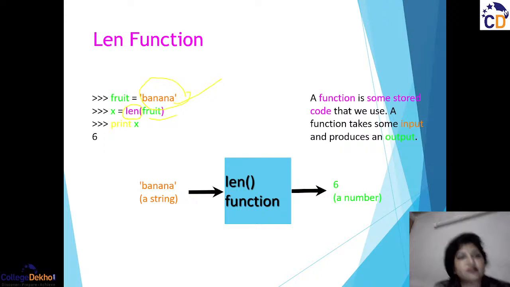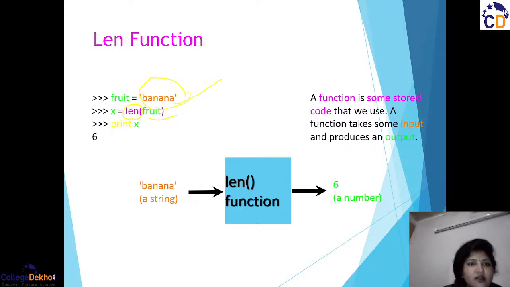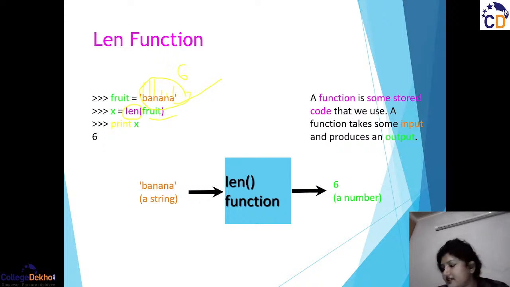And this length function basically calculates the number of characters in a string, like this. So there are six characters in a string, right? And then you are going to print it on the screen, right? So this is the usage of the len function.